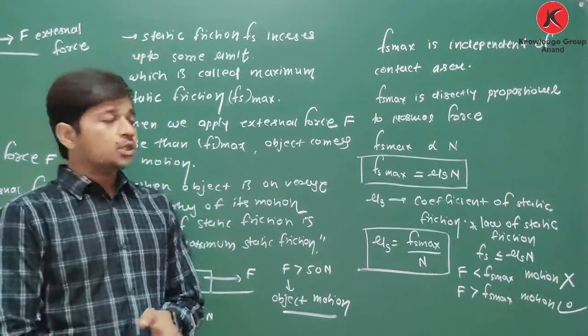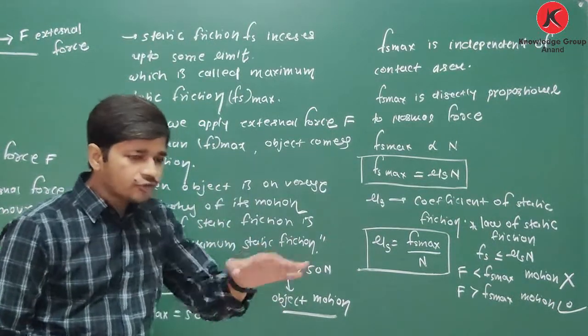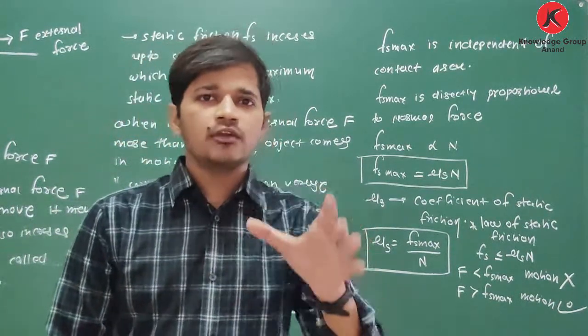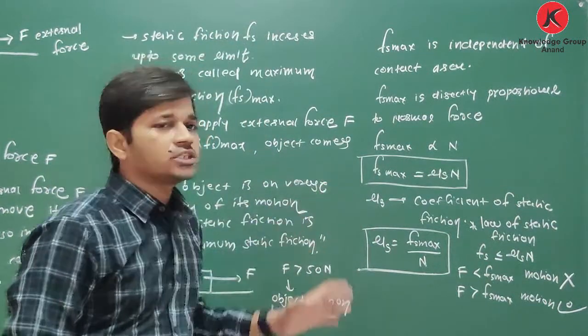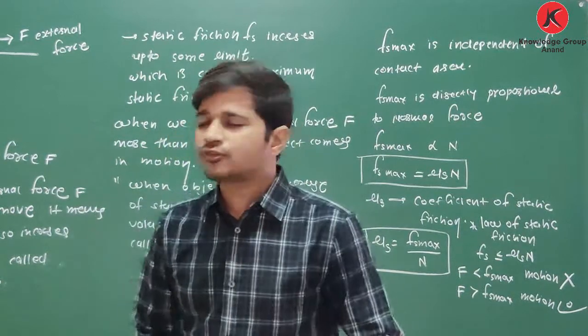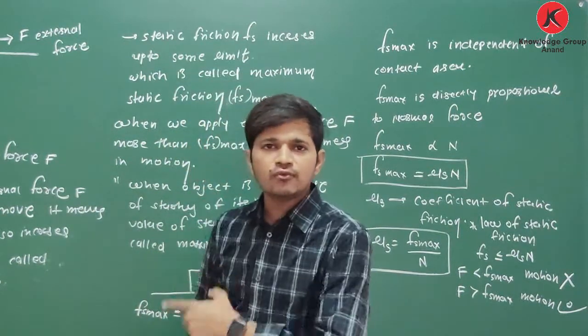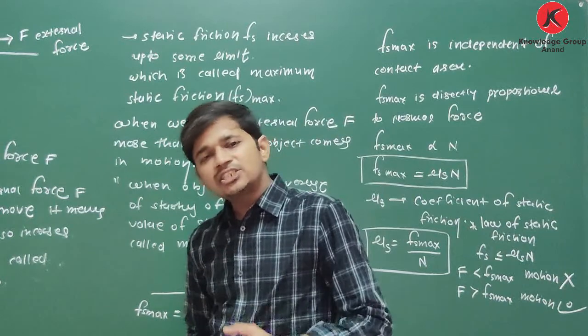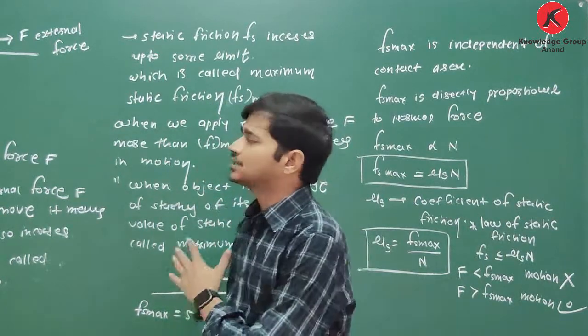Clear about this? So yes, in today's lecture we have discussed what is friction and what is static friction. Why is static friction called a self-adjusting force? Because it changes according to external force.